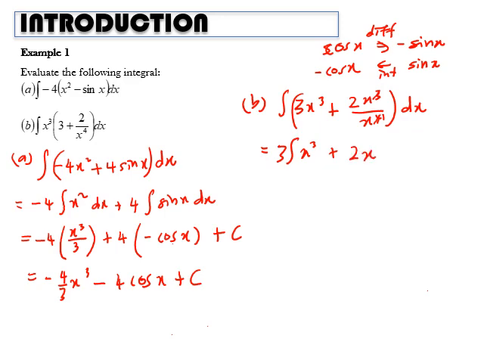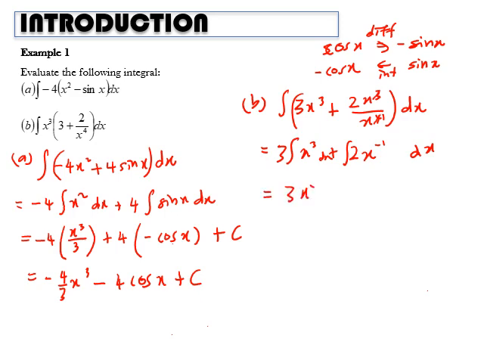So it will be 2 over x, or 2x power negative 1 dx. Okay, don't forget the dx again. Now we can integrate this.